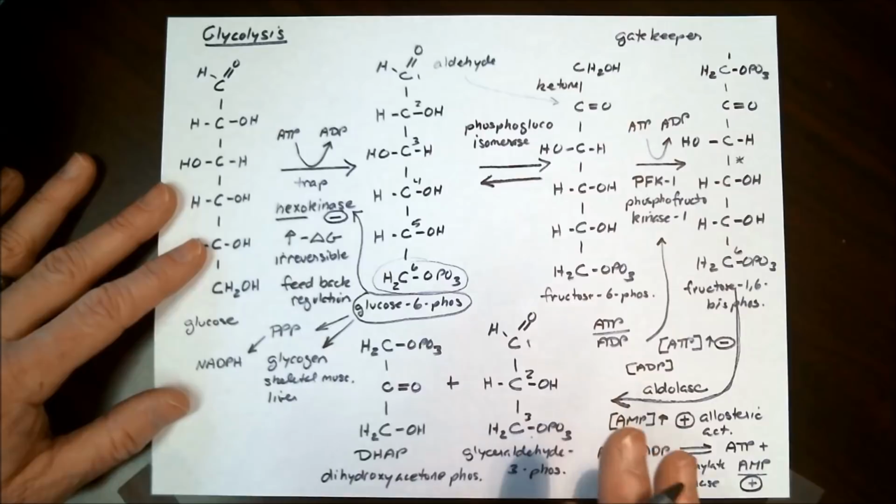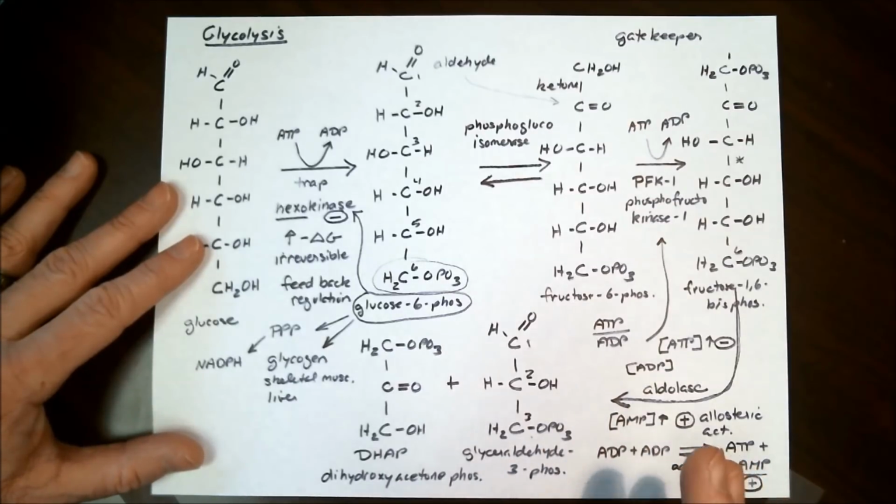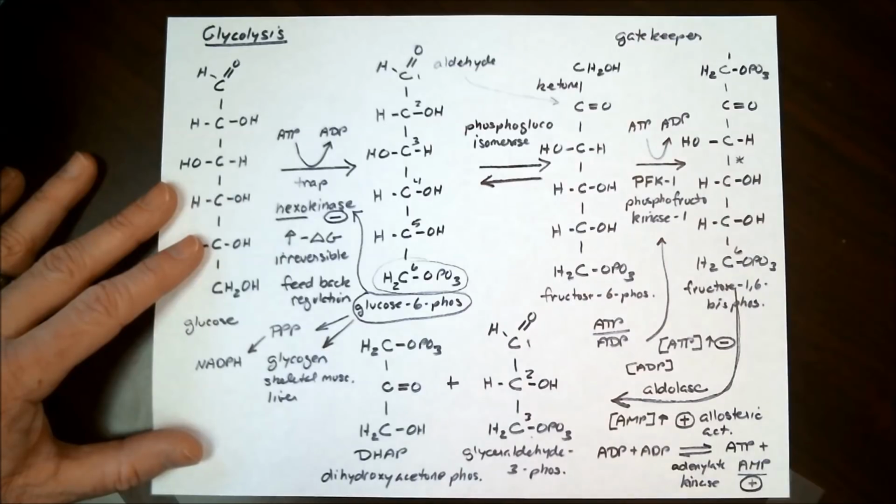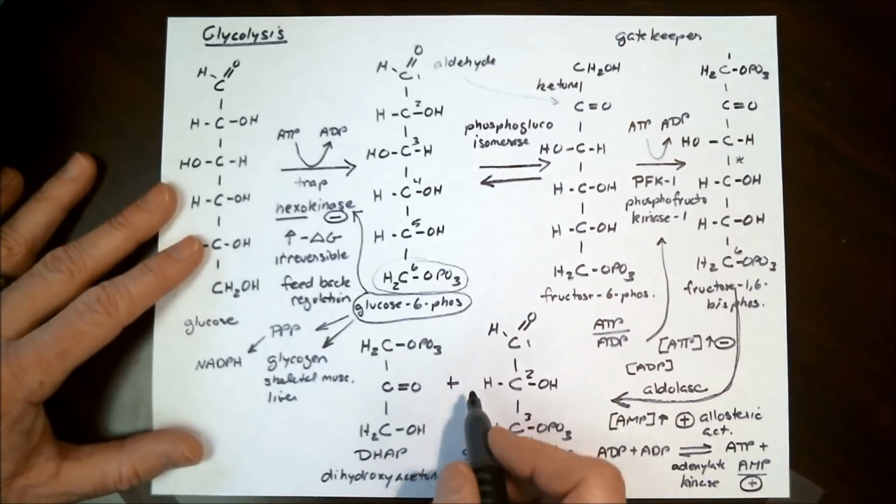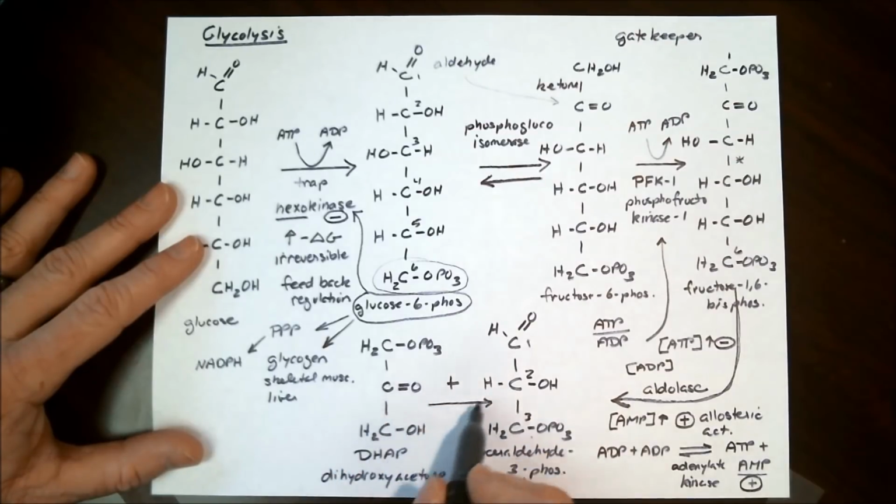Now, these two products will be entering the ATP generating phase of glycolysis. Essentially, we are going to be talking about glyceraldehyde 3-phosphate, which is the product that moves into the reaction, and therefore the DHAP that's created by the aldolase reaction, we need to convert into glyceraldehyde 3-phosphate.